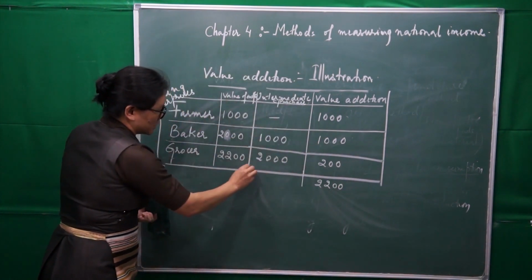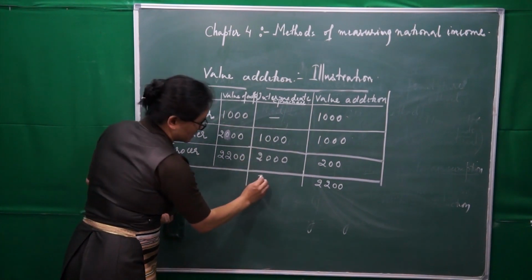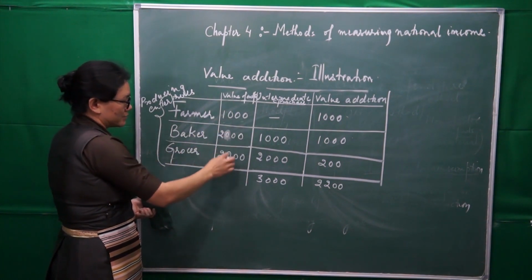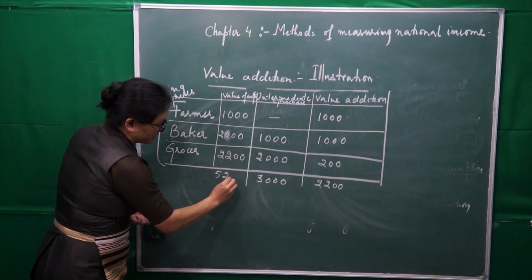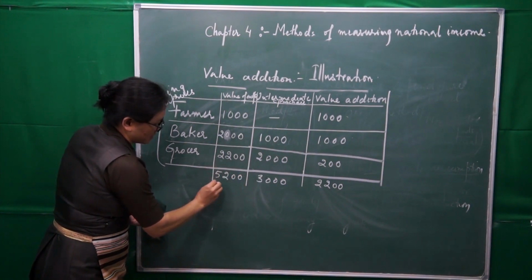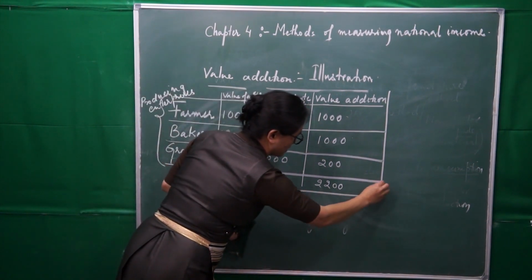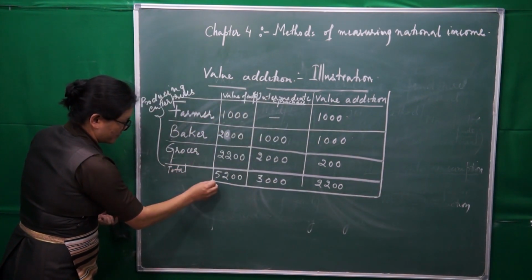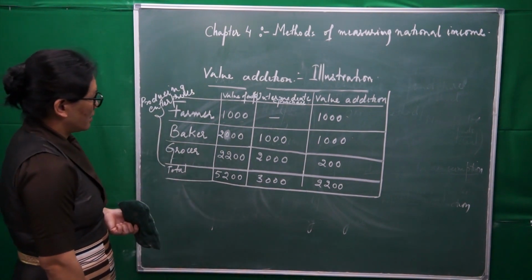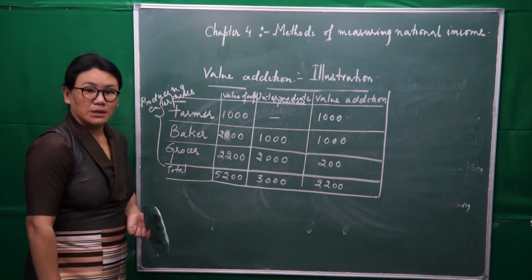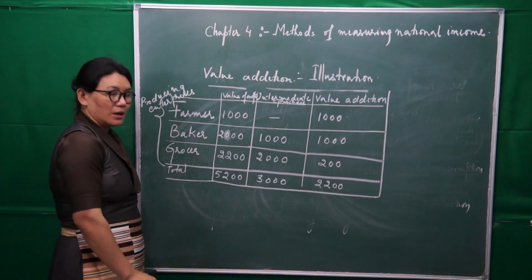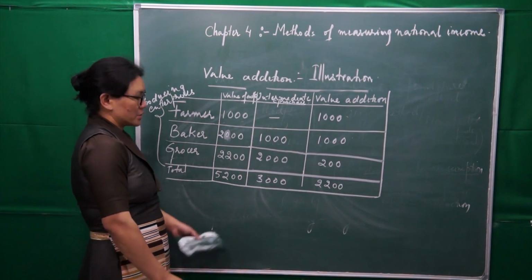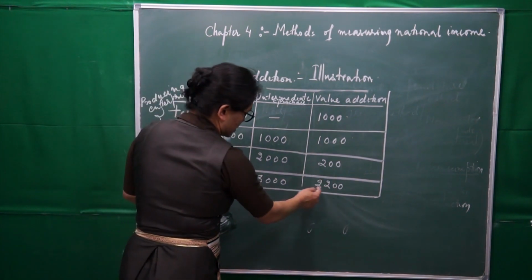And intermediate consumption total is 3,000. And here 2, 4, 5, 2, total. Clear? Okay.